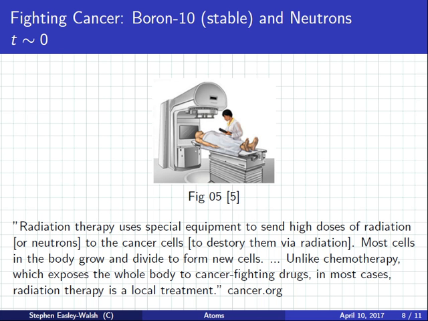Chemotherapy is just a blast for the whole body. So chemotherapy is what they would use in a sort of last resort situation, because it has some serious side effects. But again, like I said earlier, it's the doctor and you balancing your risk.